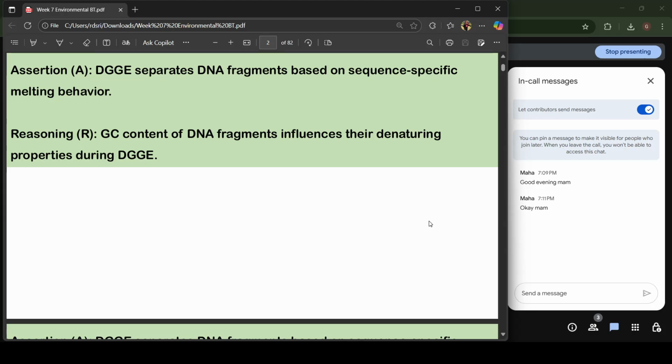So DGGE stands for denaturing gradient gel electrophoresis.